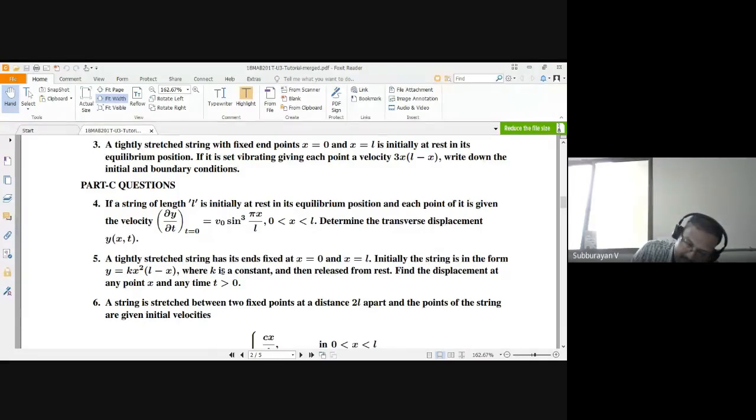Your b1 dash is equal to pi c by L into b1, that is equal to 3v0 by 4. Therefore, b1 equal to 3v0 L divided by 4 pi c.